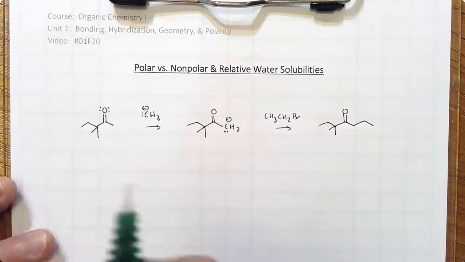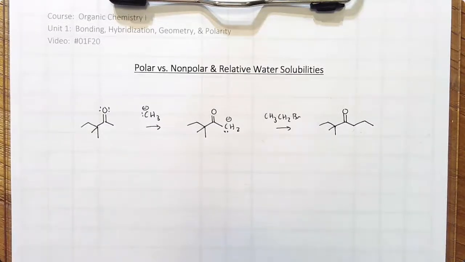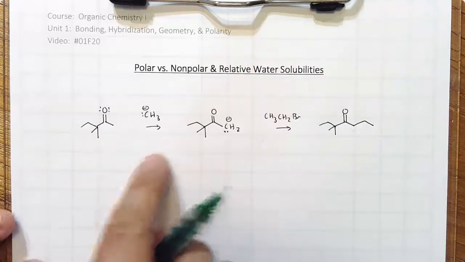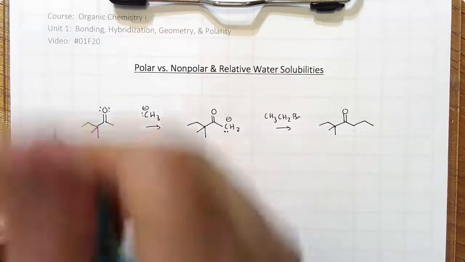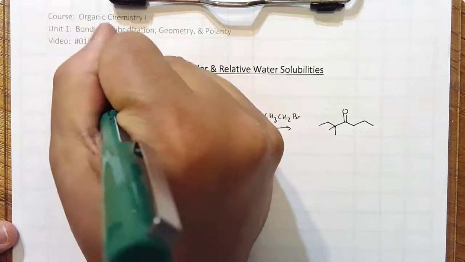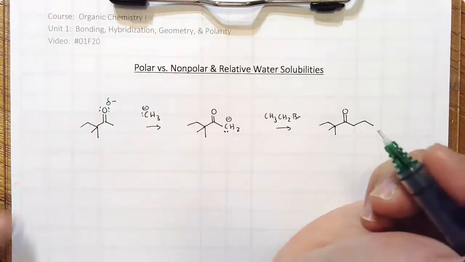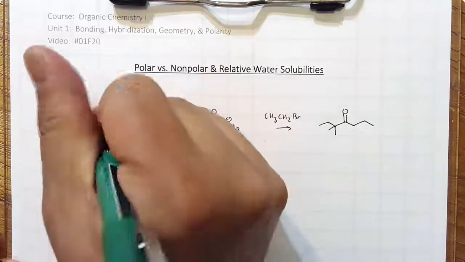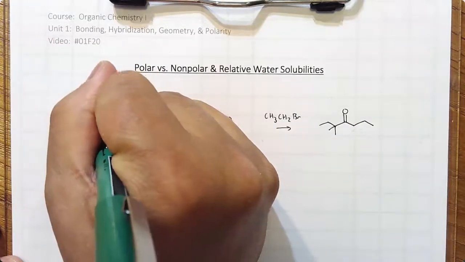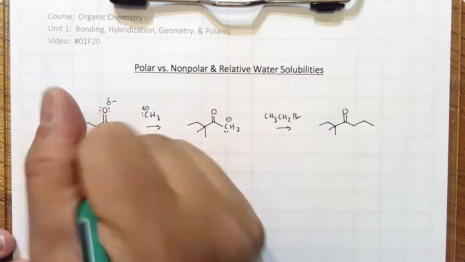So if I take a look at this molecule here, if I'm asked to determine its polarity relative to other molecules, I want to identify any bond dipoles. Oxygen is electronegative, so it automatically gets a partial negative, and it's pulling electrons towards it, so it's pulling electrons away from this carbon, which is partial positive. So there's a permanent bond dipole.